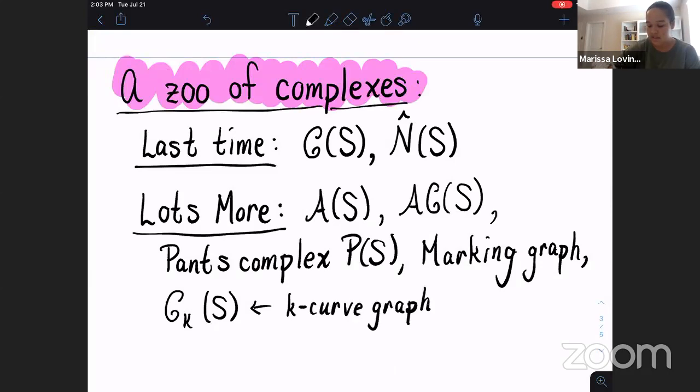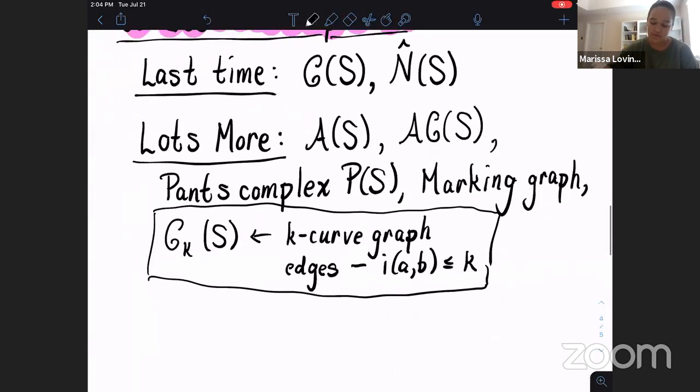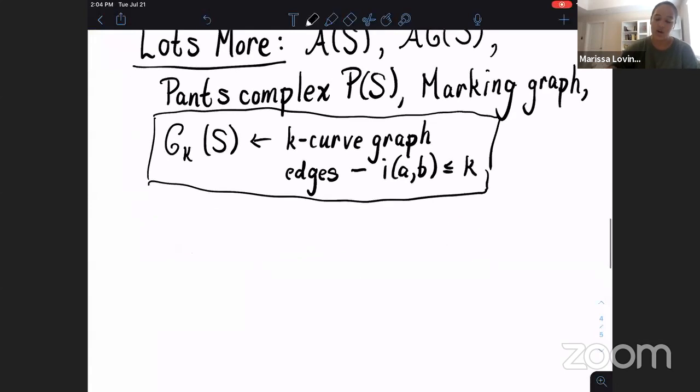It has the same vertex set as the curve graph, but now we'll have edges for intersection number less than or equal to K instead of for disjointness. I'm really just mentioning it because it intersects my own work. But there's tons of other graphs that are naturally associated to a surface. This is just scratching the surface of the ones out there. The ones I want to focus on today are the pants complex and the marking graph.